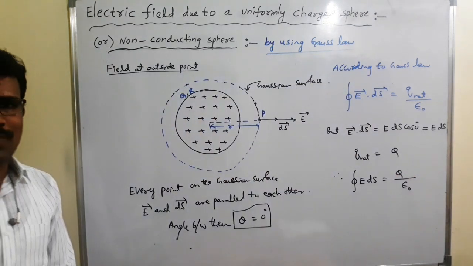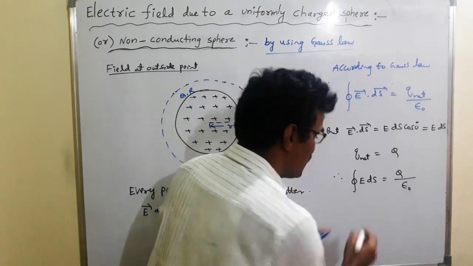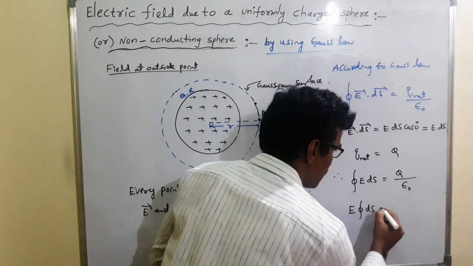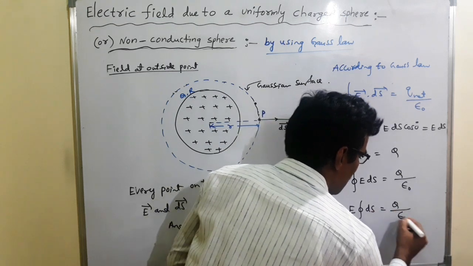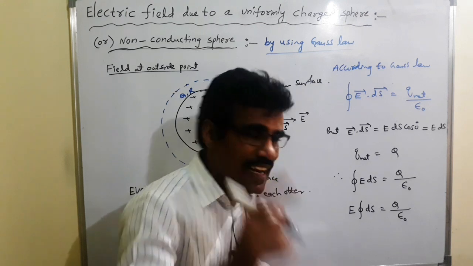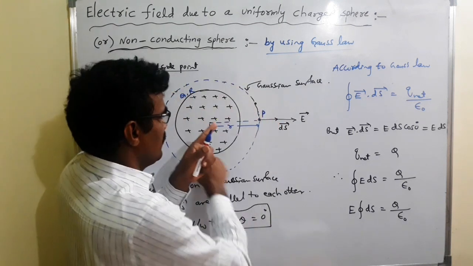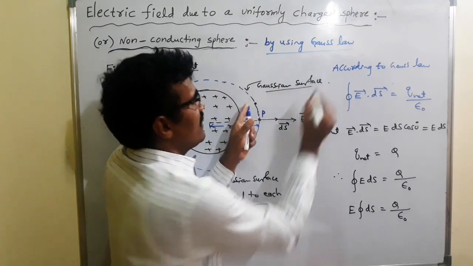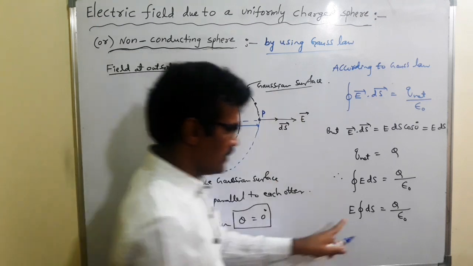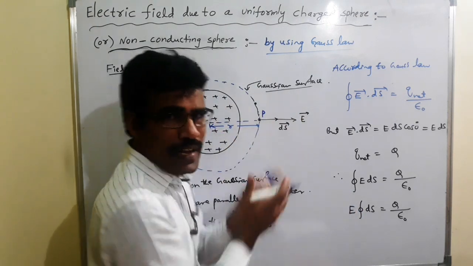What about E? E is constant, so take it common. Integration ds is equal to Q by epsilon naught. What is the meaning of integration ds? It is nothing but the area of the Gaussian surface. What is the radius of this spherical surface?